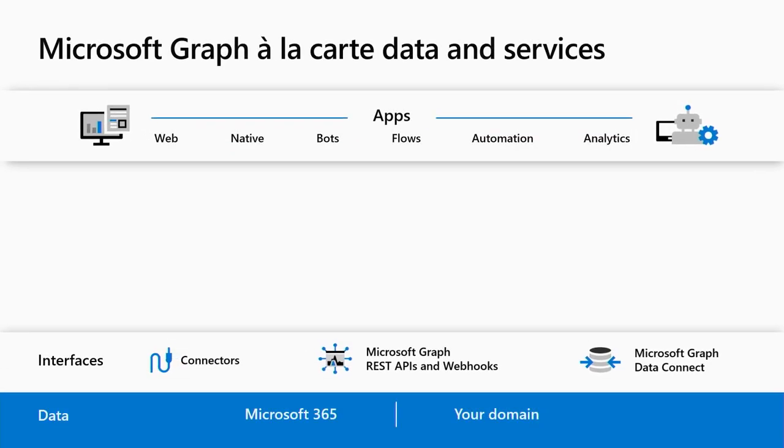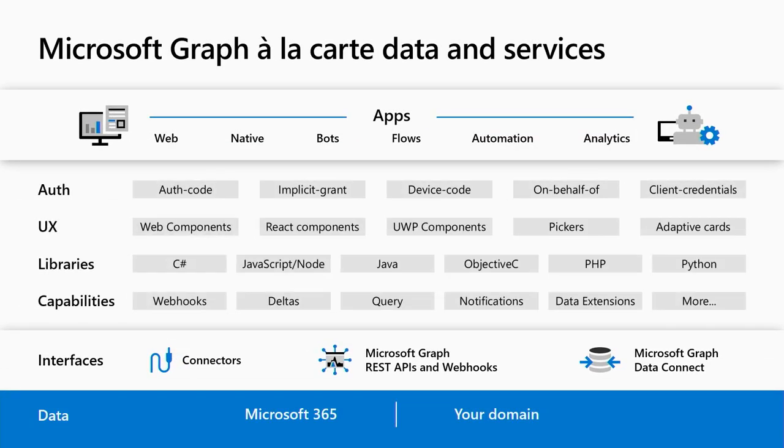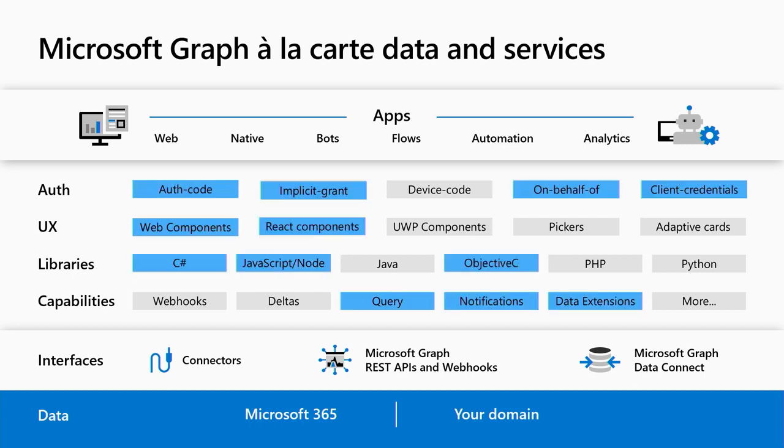Now, Microsoft Graph-based applications are made possible because of a wide range of data and services. In this session, we're going to be demonstrating and discussing applications that use a subset of those capabilities. So we're going to talk about auth flows like auth code, implicit grant, on behalf of, client credentials, UX elements like web components, React components, a whole bunch of different stuff.